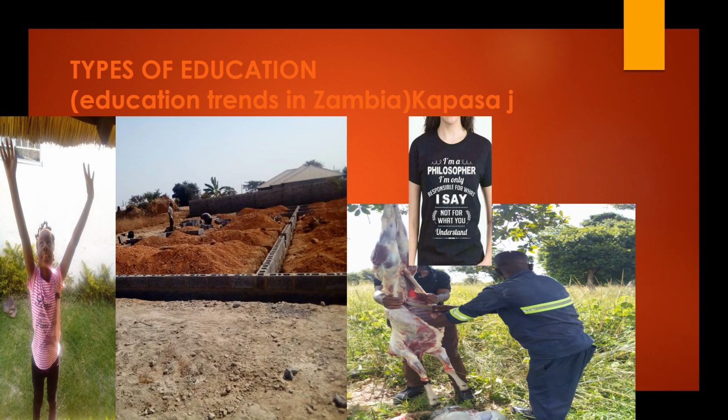Get it? You see the logic. So the whites were ready to continue offering education to the blacks as long as it was not going to make them harm the whites.